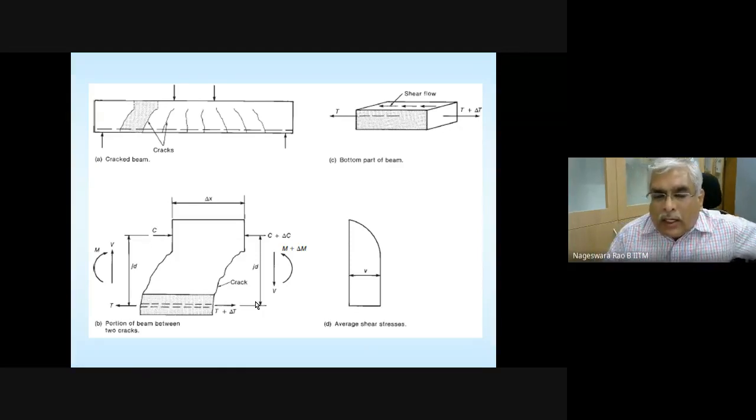It is important for us to understand how the equation given in the code book is obtained. Here, concrete above the neutral axis is effective. Concrete below the neutral axis is cracked and ineffective.